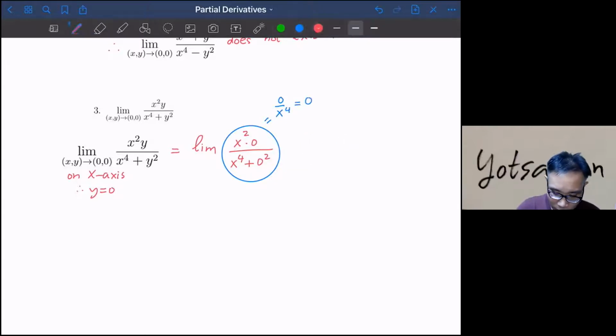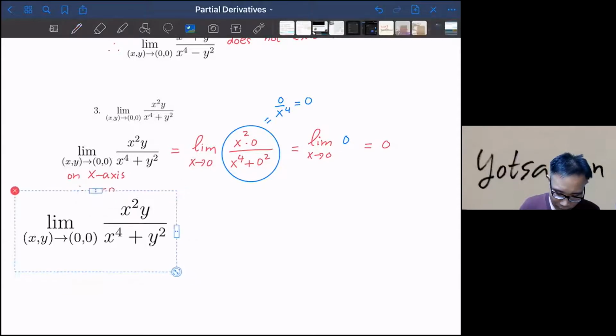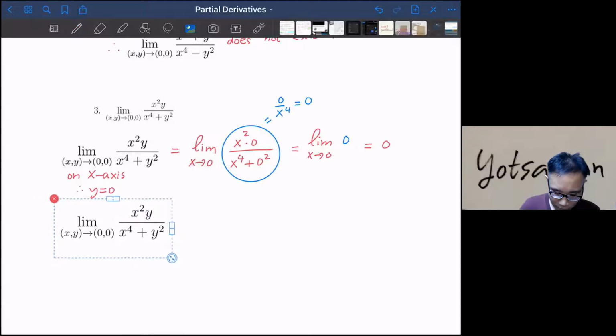You have no y, so it's going to be the limit as x goes to 0 of 0, so it's going to be 0. Okay, so you have this limit. Again, let's try another one.